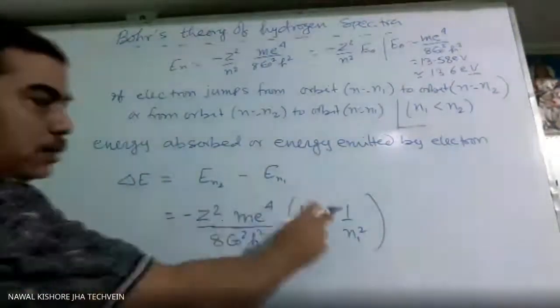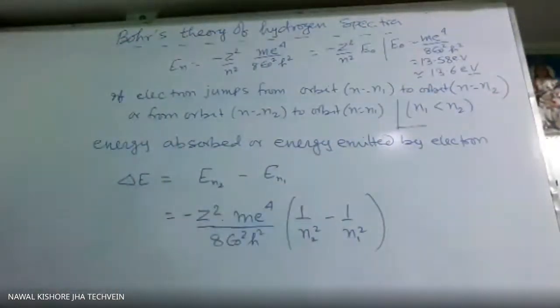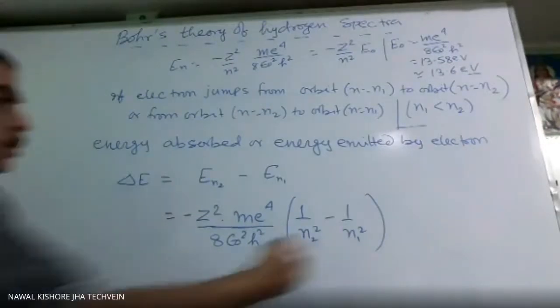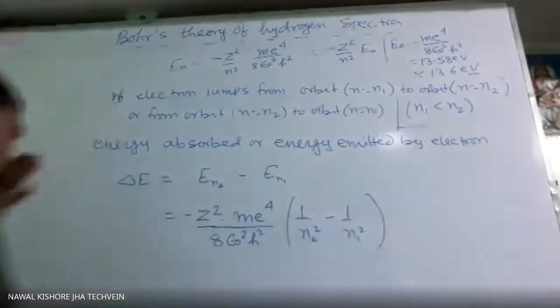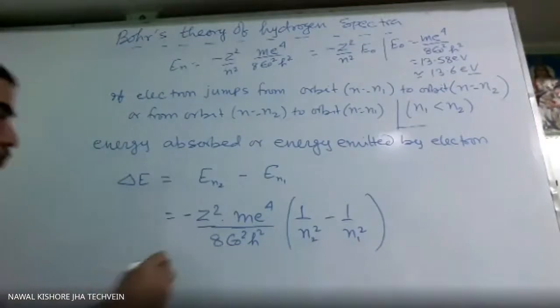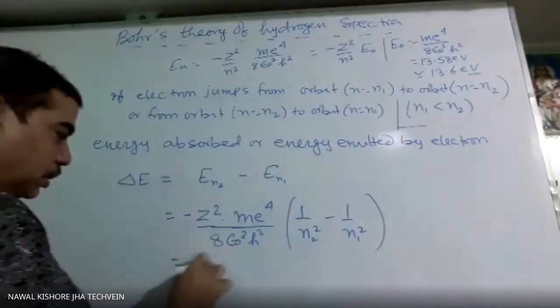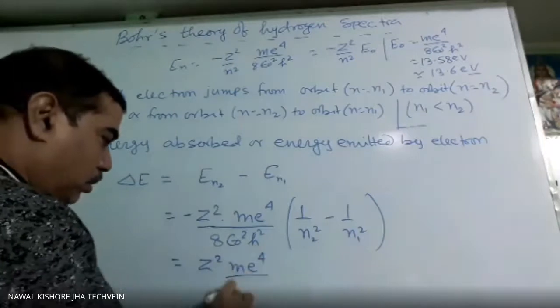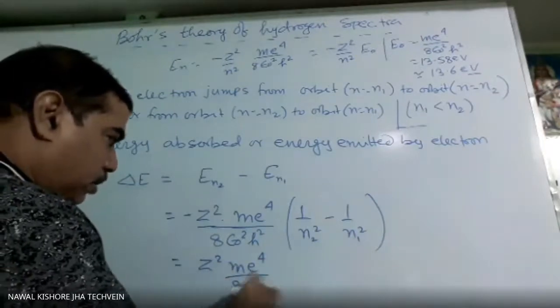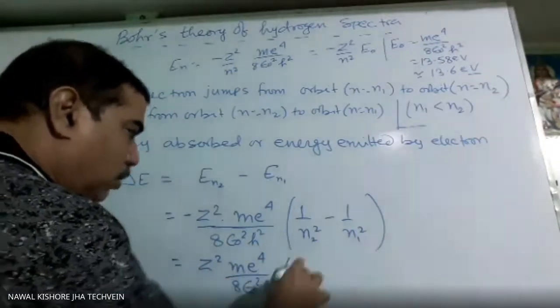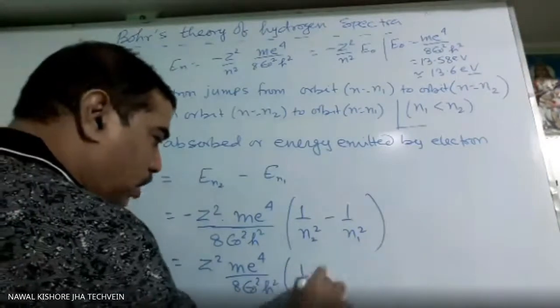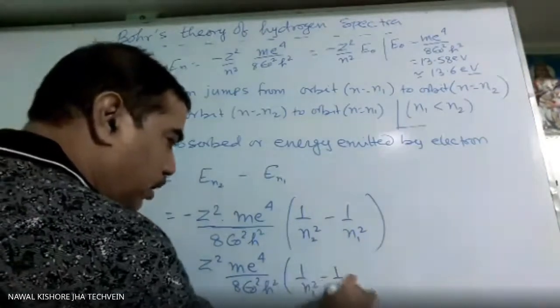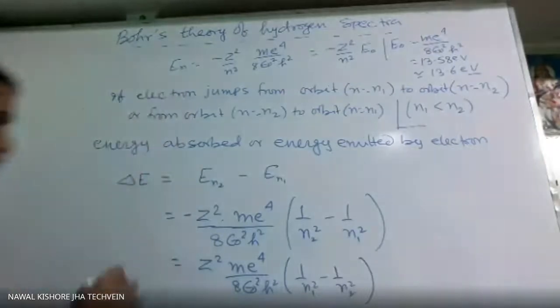If the minus sign goes inside, it becomes N1 minus N2. So it is Z square Me4 over 8 epsilon naught square H square, times 1 by N1 square minus 1 by N2 square. This is delta E.